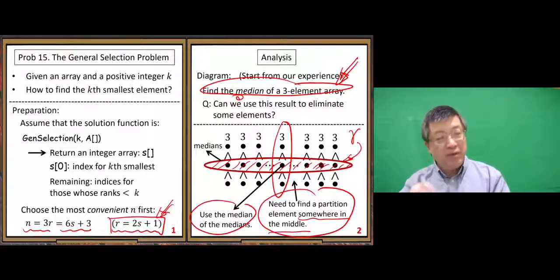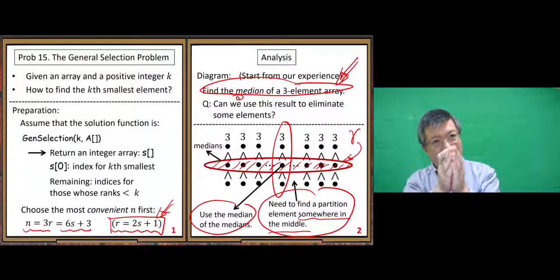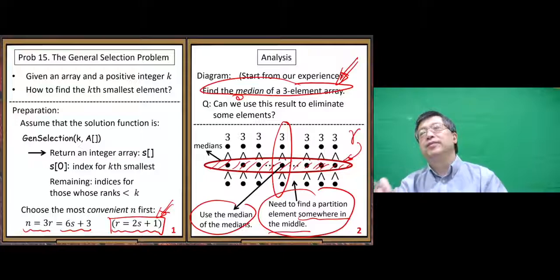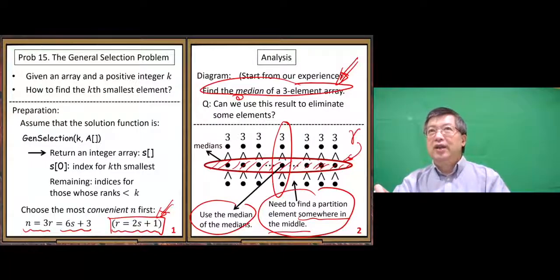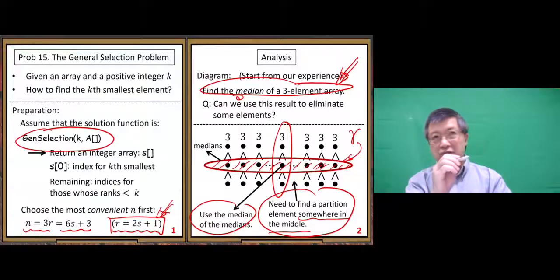It's an R number, so we really have a median element in the middle. Theoretically, there exists one element that is the median. But remember, we assume this function can return that median to us.